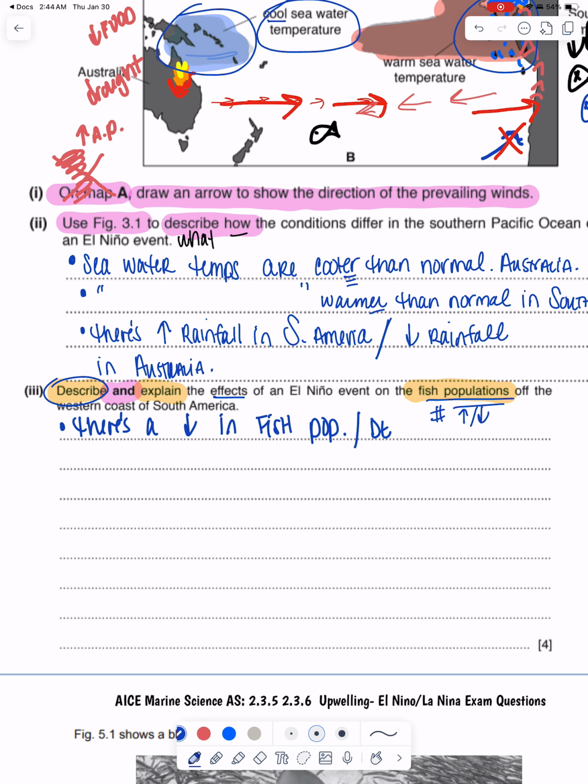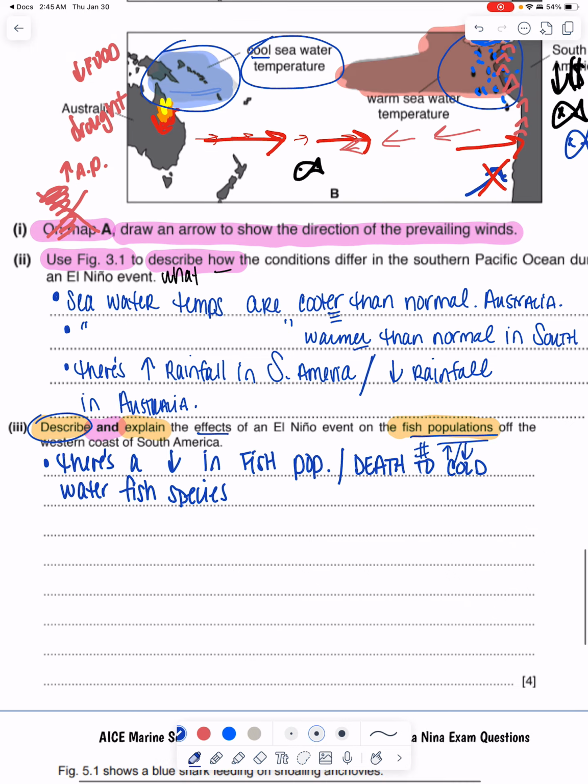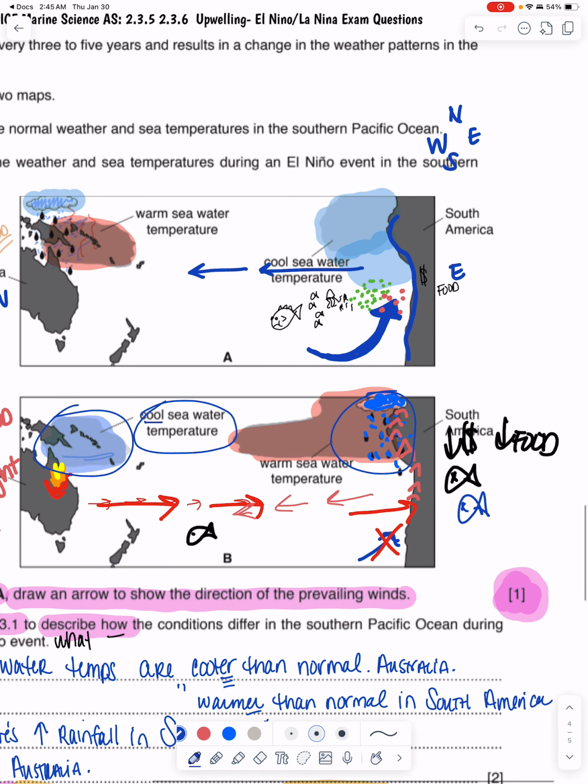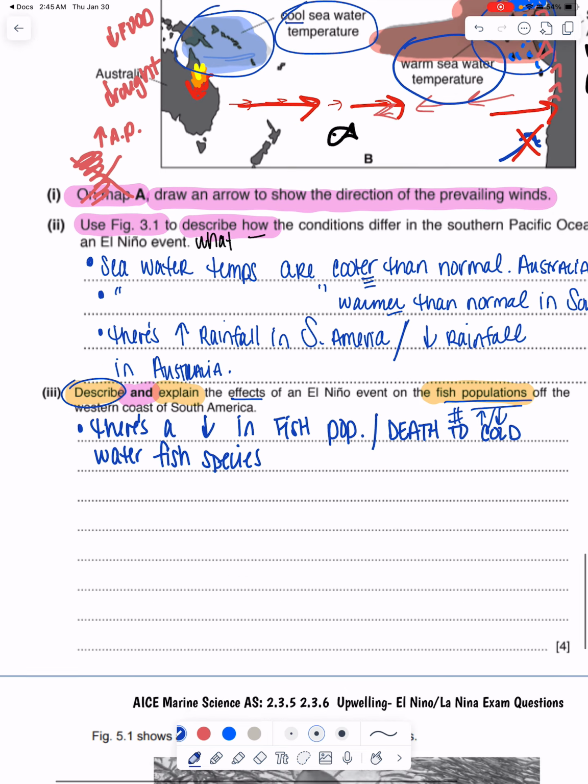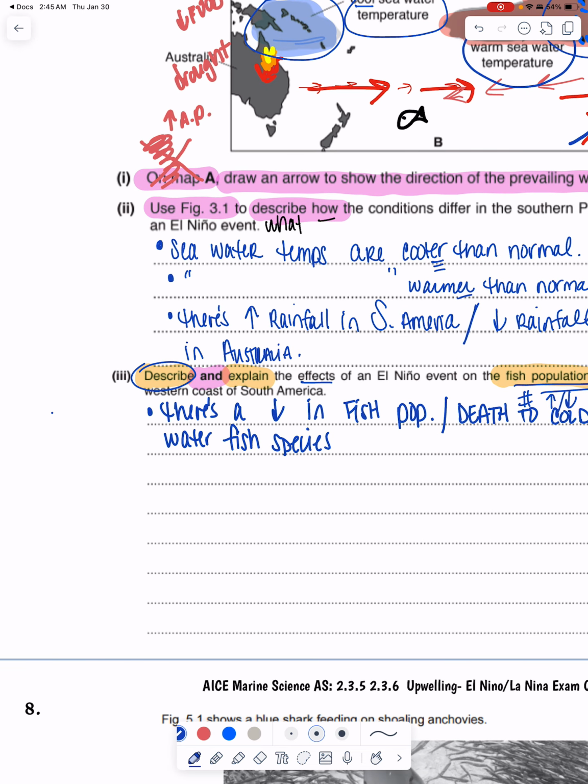Or we could say there will be death to cold water fish species. I'm saying cold water fish species because this is not going to be a suitable condition for them. Typically, this is what they like. This is the normal situation. But now we have warm water. So we have to have this, the effect. And then the rest is going to be reasons for. So we have to have this. This is one of the marks.